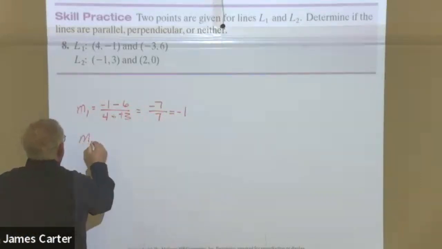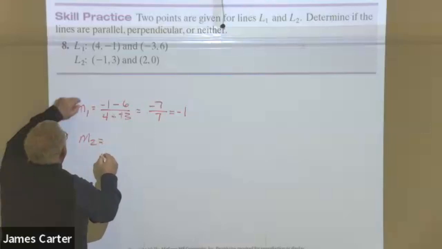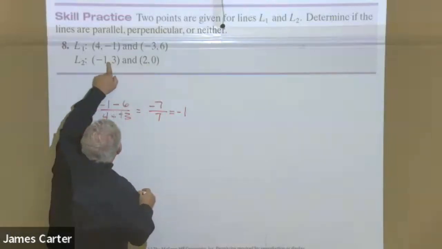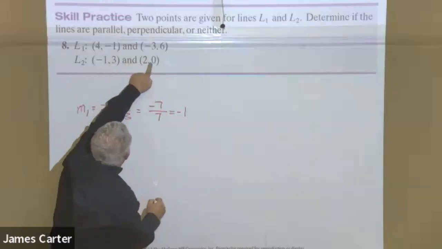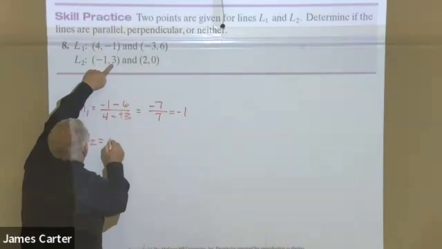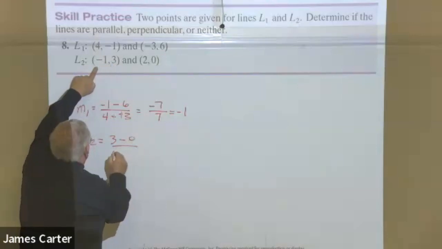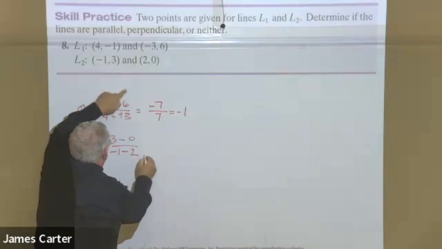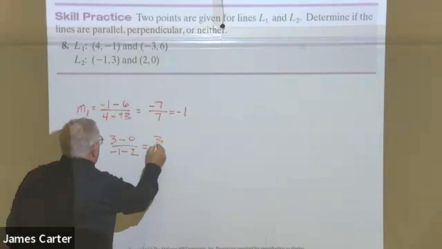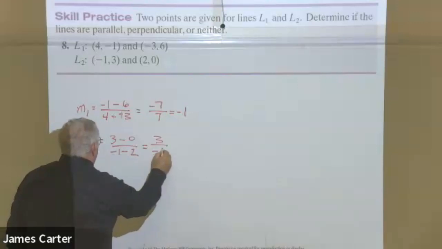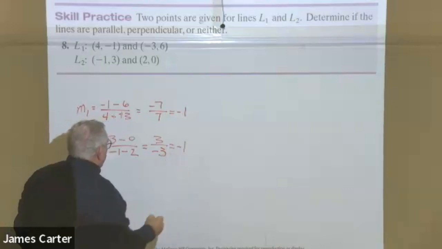Okay, the slope of the second line. Again, I'm going to call this point 2, and I'm going to call this point 1. So I've got 3 minus 0 over -1 minus 2, equals 3 over, in this case, -3, equals -1.